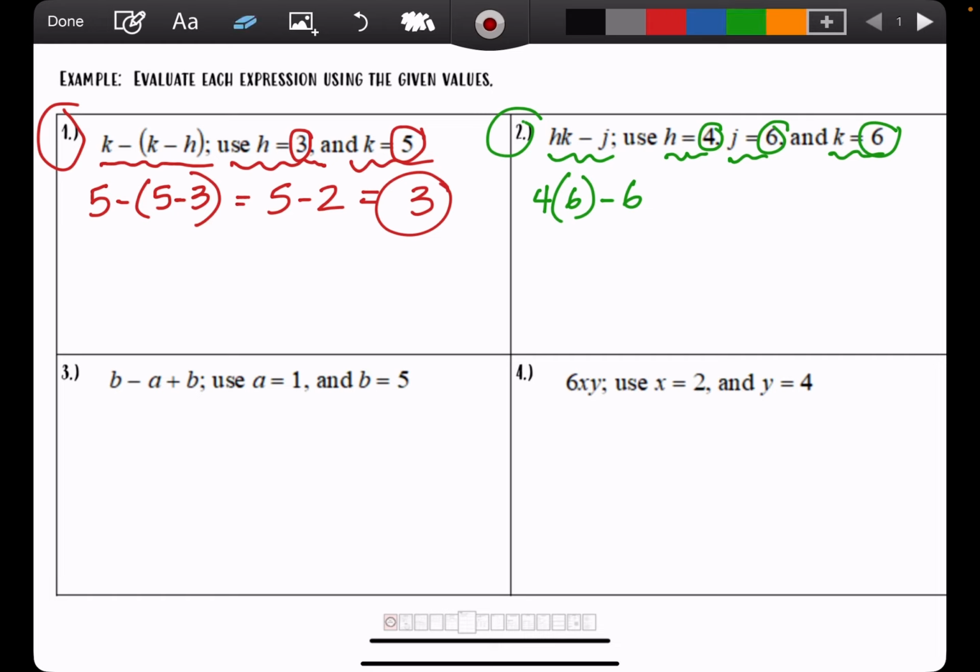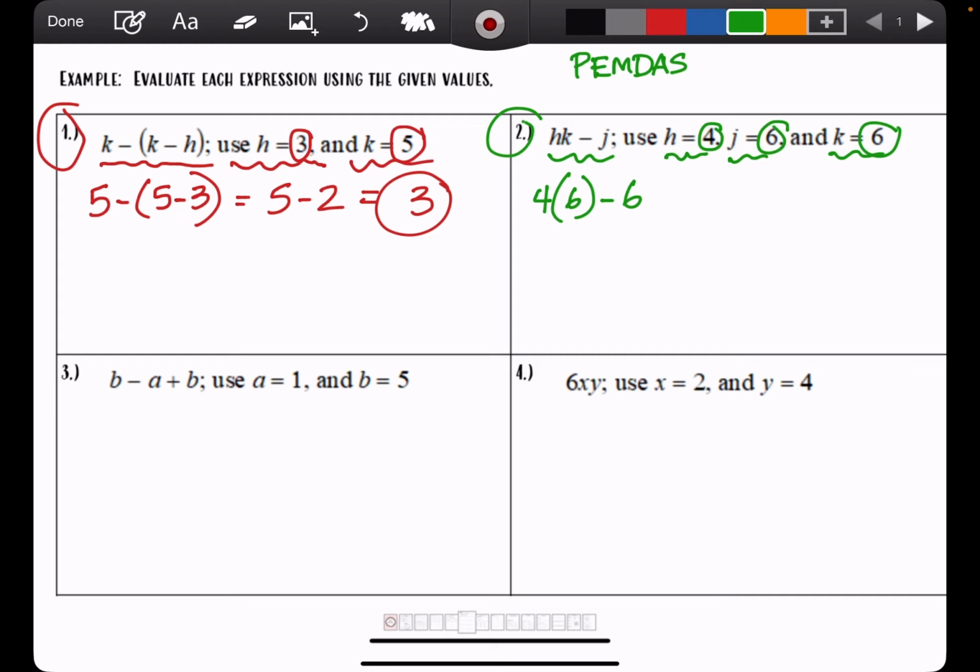If we're using PEMDAS, order of operations, we should address parentheses first. In the parentheses, I have a 6, but that's it, so there's nothing I can do with that yet. Exponents, there are no exponents.